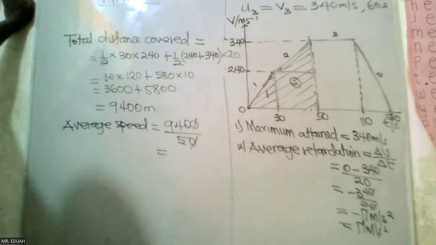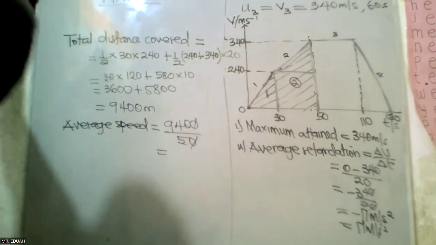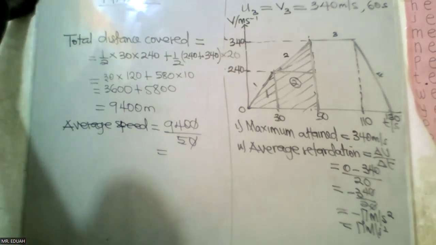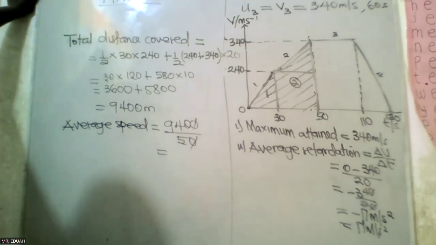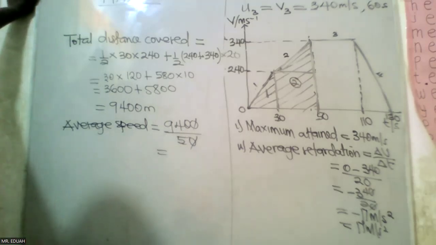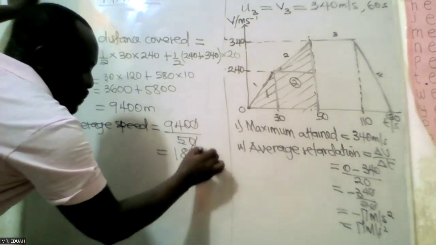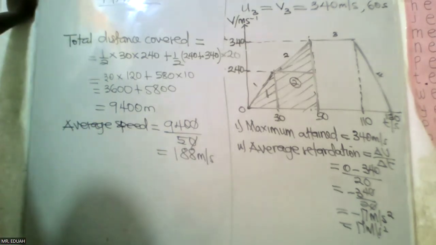Elinam, mute yourself. What is 940 divided by 5? 1,880? Come again. No, 940 divided by 5. Leonard, your hand is up. 188 meters per second. Yes.